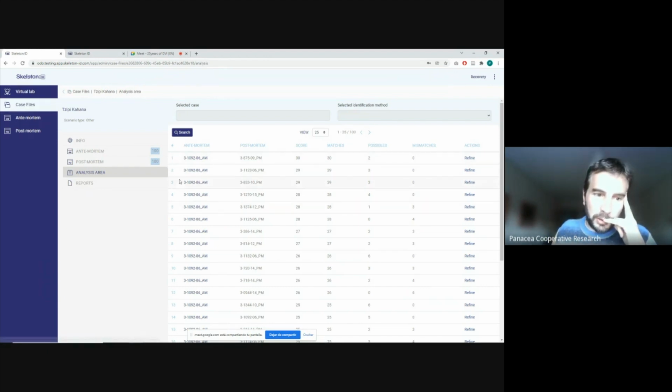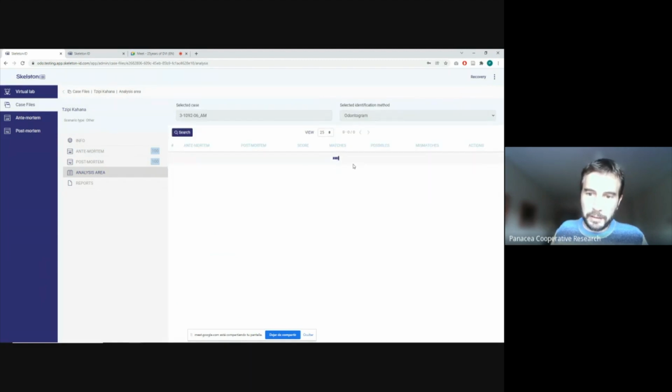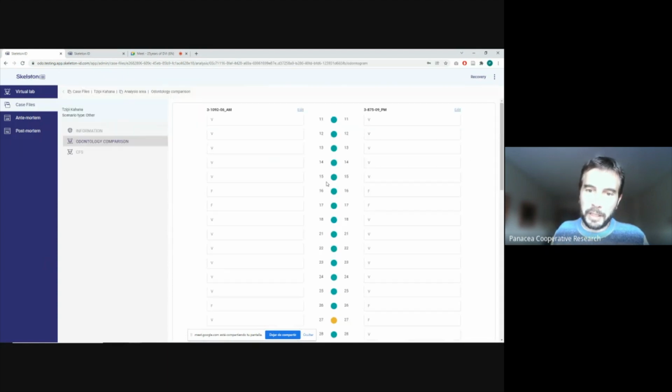We can select one antemortem case, list all the postmortem cases in a rank of possibilities, looking at the possible matches and mismatches, and we can also see which teeth match, do not match, or have a possible match.